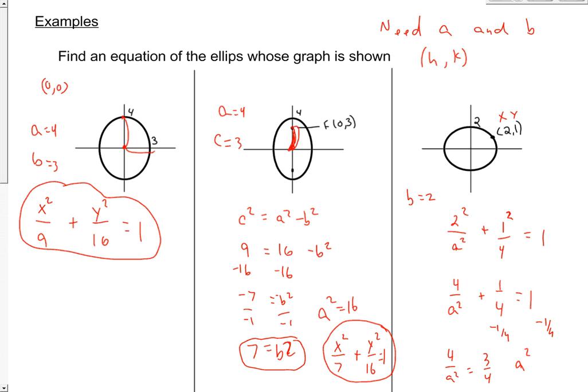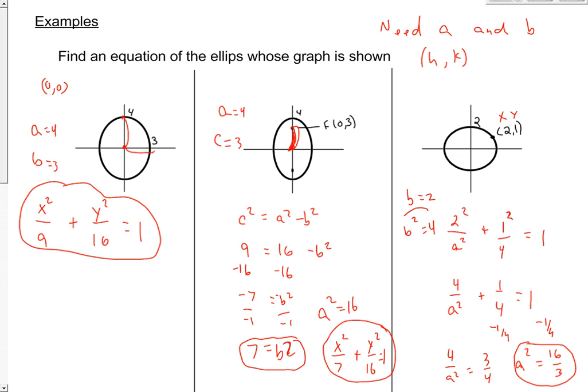So a squared is 16 divided by 3. Again, that's actually what we need, so we don't need to worry about taking the square root of that. b squared, because b is 2, b squared is 4.